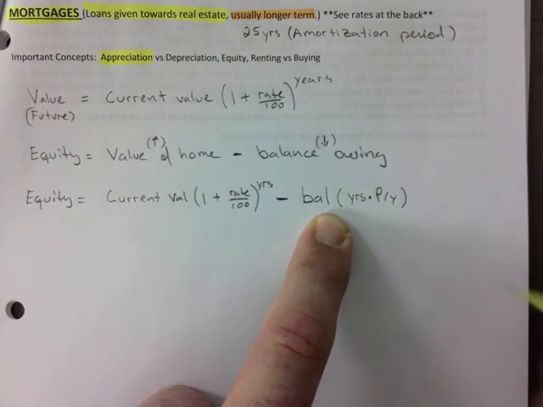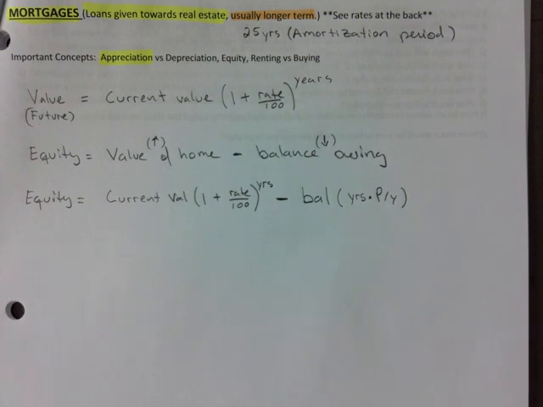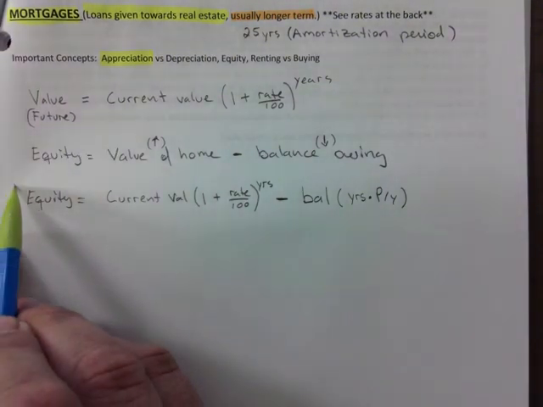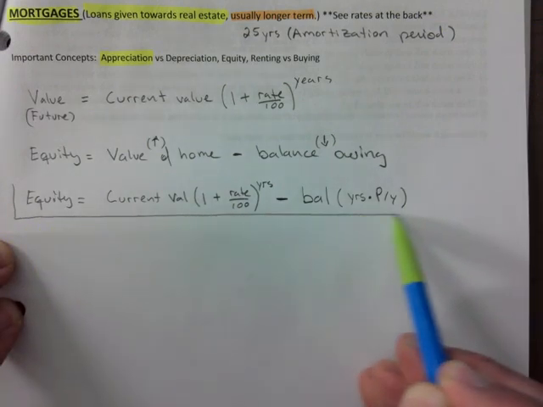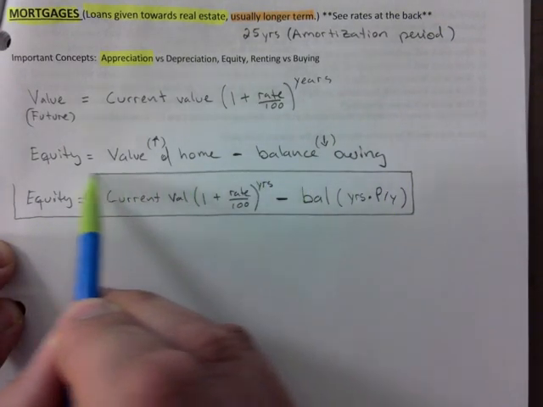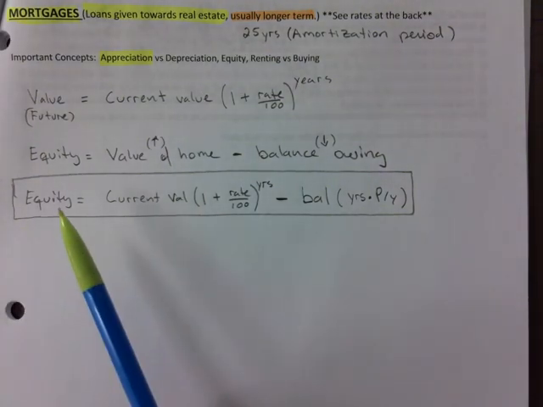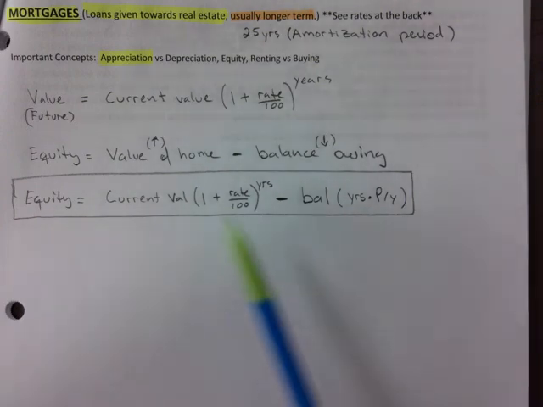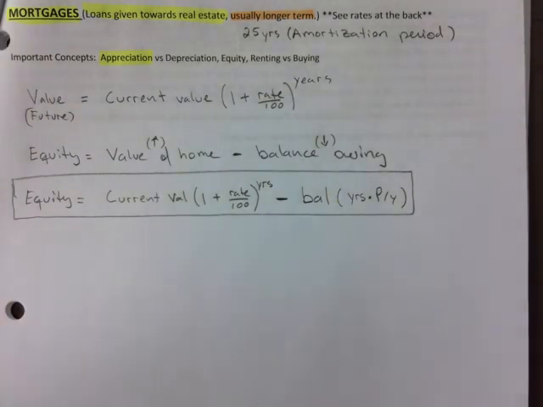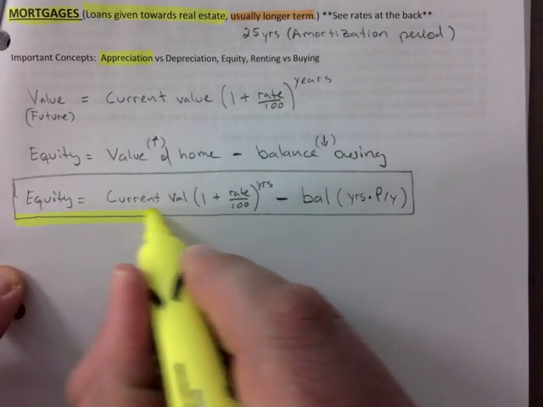I think that's safer to go with. This one is worth boxing in. So if somebody asks you, what do you think you're going to have in equity in the home 5 years from now? We can actually calculate that and estimate it into the future. Okay, so I would say very important here.